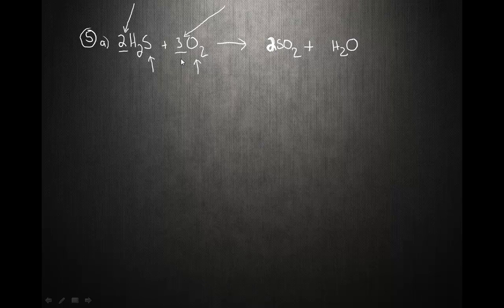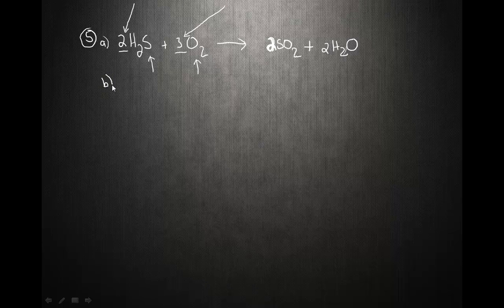Now my reactants have 6 oxygen, and right now I only have 4 oxygen, from 2 times 2 is 4, and 1 oxygen here. So by putting a 2 right here, I now have 6 oxygen on this entire side. 4 here and 2 here. And the hydrogens, you'll notice I've got 4 hydrogens here, 4 hydrogen here. They have worked themselves out.